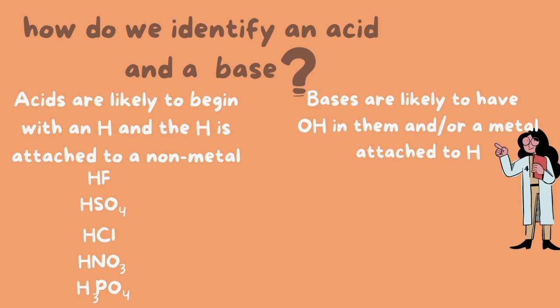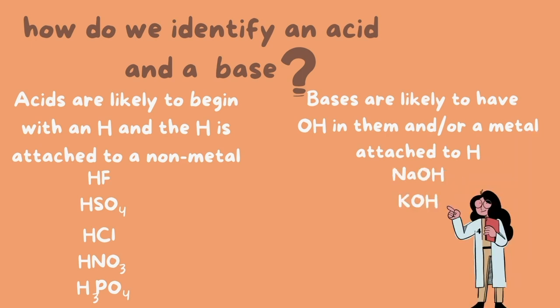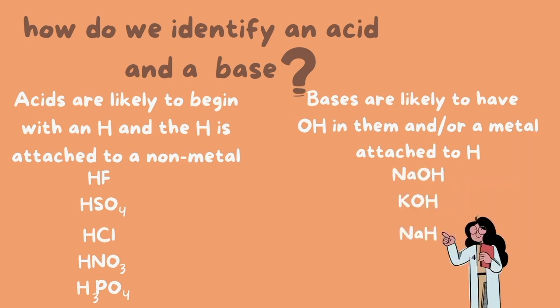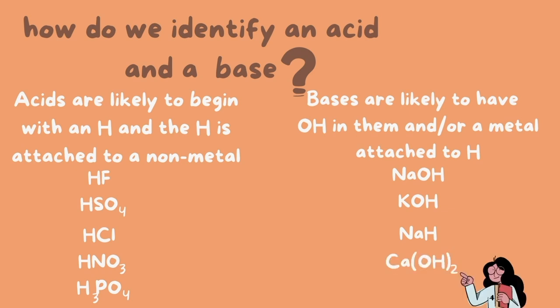So, for example, sodium hydroxide, potassium hydroxide, sodium hydride, and notice our sodium hydride does not have OH in it, but it does have a metal attached to a hydrogen, and that's what makes it a base. Calcium hydroxide is another example, and strontium hydroxide is another example.